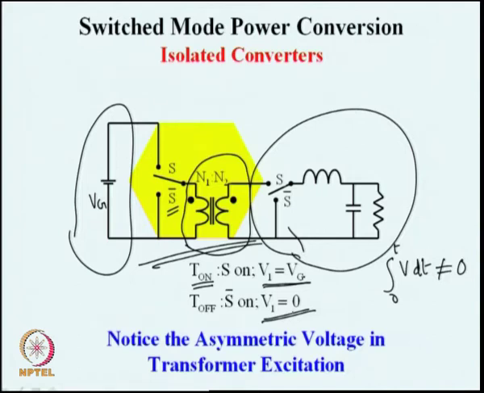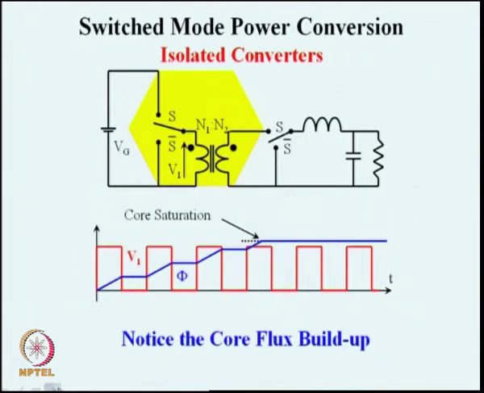So, in a standard converter, if we simply introduce an electromagnetic isolation without taking adequate measures to balance the flux in the core, the transformer will be subjected to asymmetric flux excitation, and it will saturate, which is not a very desirable thing.